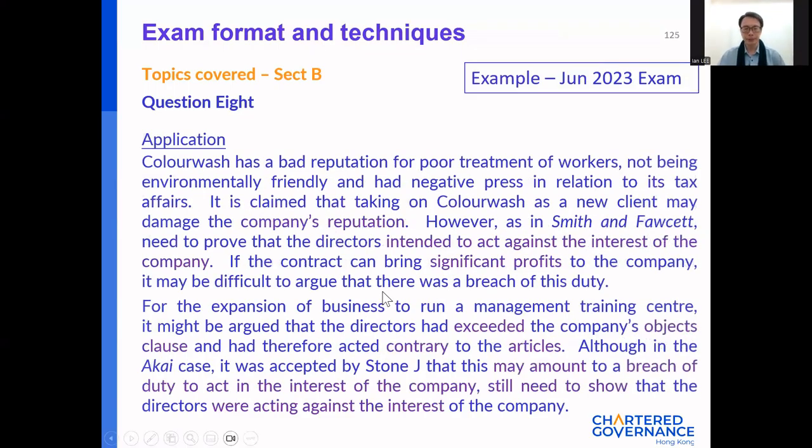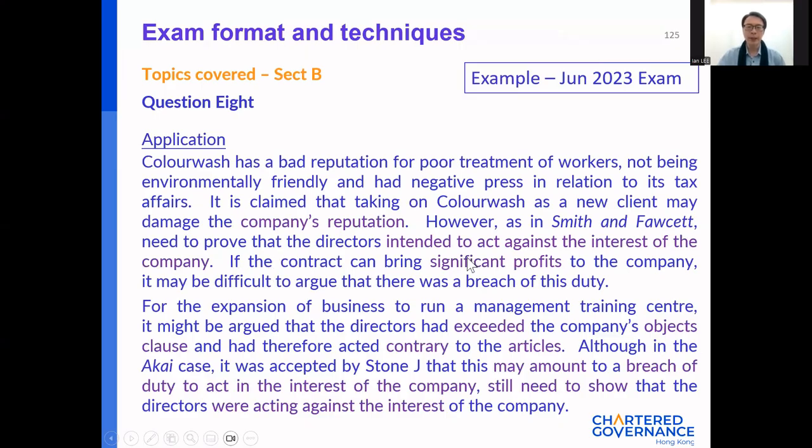So application. So Color Wash has a bad reputation for poor treatment of workers, not being environmentally friendly, and negative press in relation to its tax affairs. So it is claimed that taking on Color Wash as a new client may damage the company's reputation. However, as in Smith and Fawcett, you need to prove that the directors intended to act against the interests of the company.